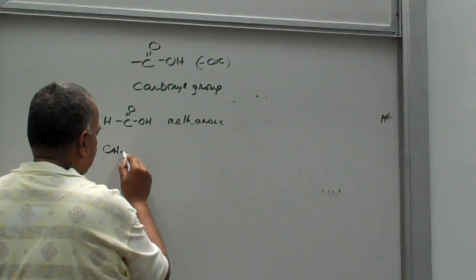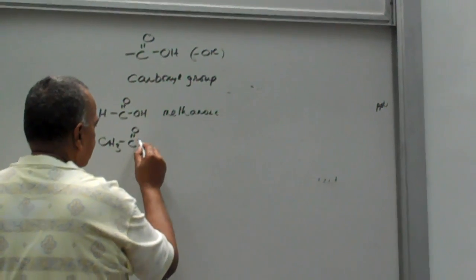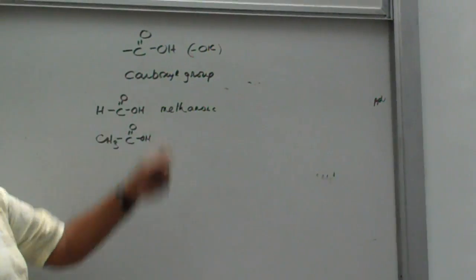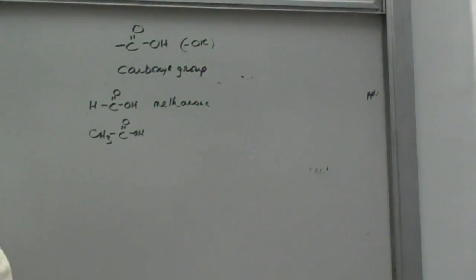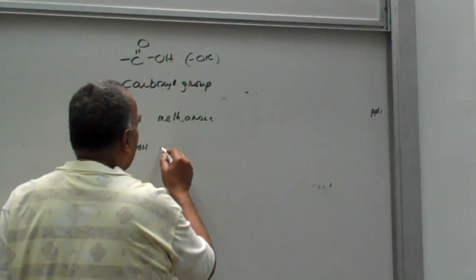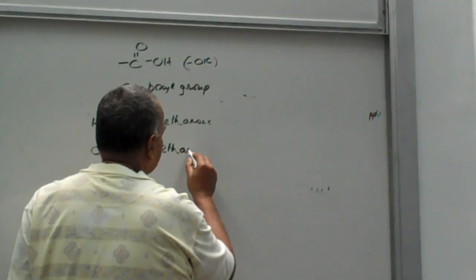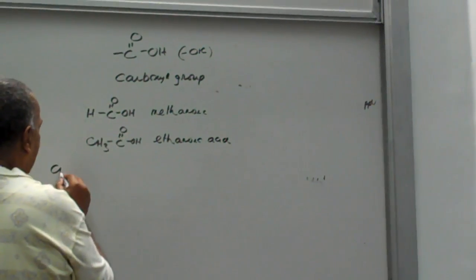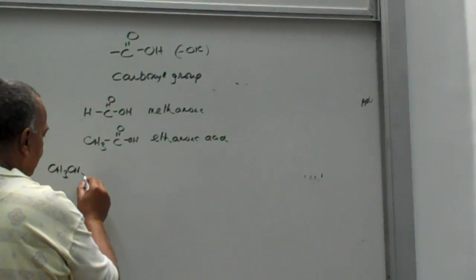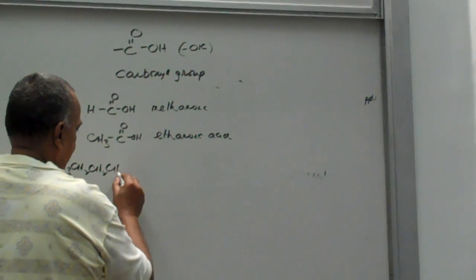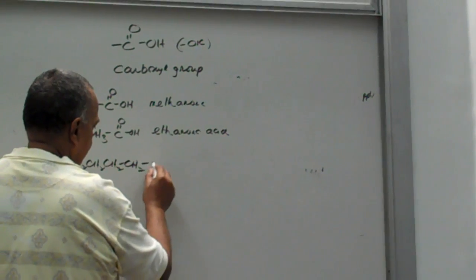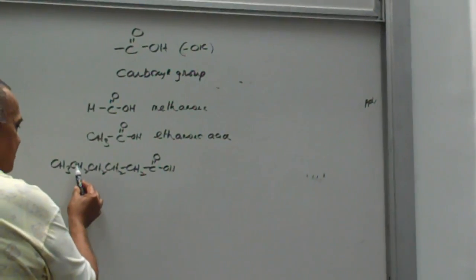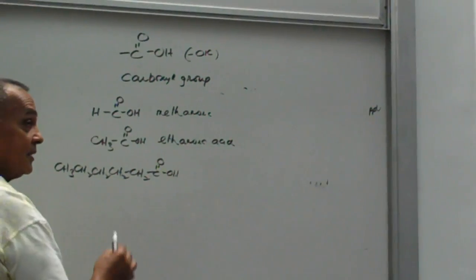This one, the parent hydrocarbon is ethane. We knock off the E, we add oic. It's called ethanoic acid. If we add this, the parent hydrocarbon is 1, 2, 3, 4, 5, 6.